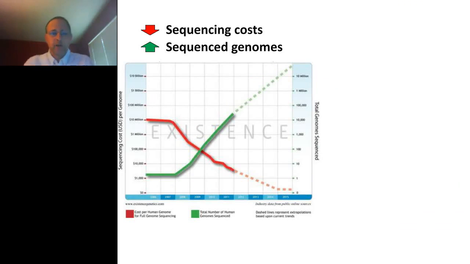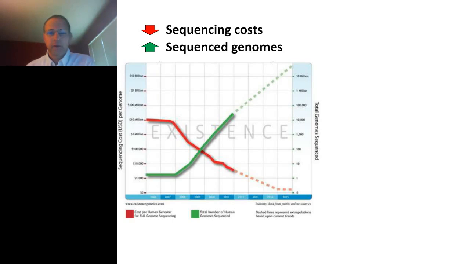So, again, why do we care about these? Well, currently, with sequencing technologies becoming extremely cost-effective and really revolutionizing how we do things in genomics and in clinical evaluations, as you can see from this graph, the number of sequenced genomes is rapidly increasing, and the sequencing cost is rapidly being reduced.